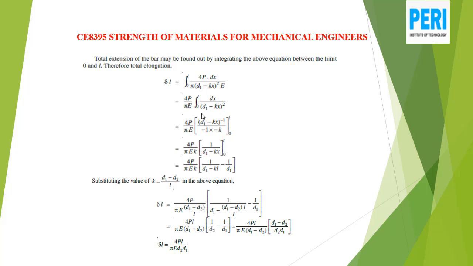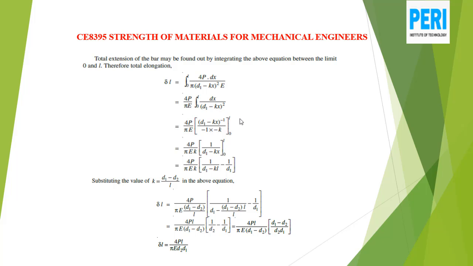The term goes to the numerator, and the power becomes minus 2. Thereafter integration: minus 2 plus 1 becomes minus 1, by minus 1, then the coefficient of x, minus k.